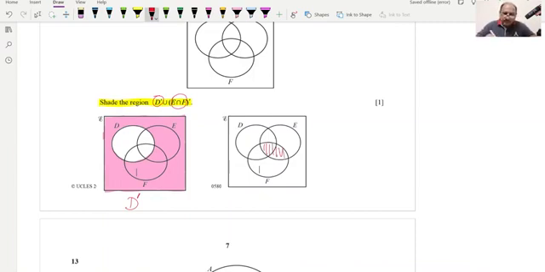So if we shade the complement of this region, then the complement will be the outer region of this one, and we can shade the complement like this one. So I will remove the inner shading, this one, and we can shade the outer region like this.